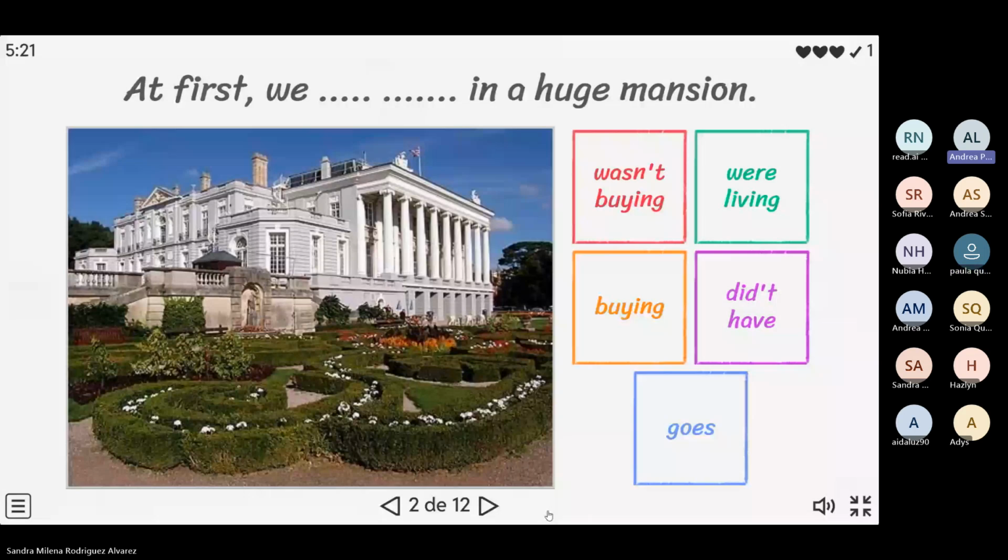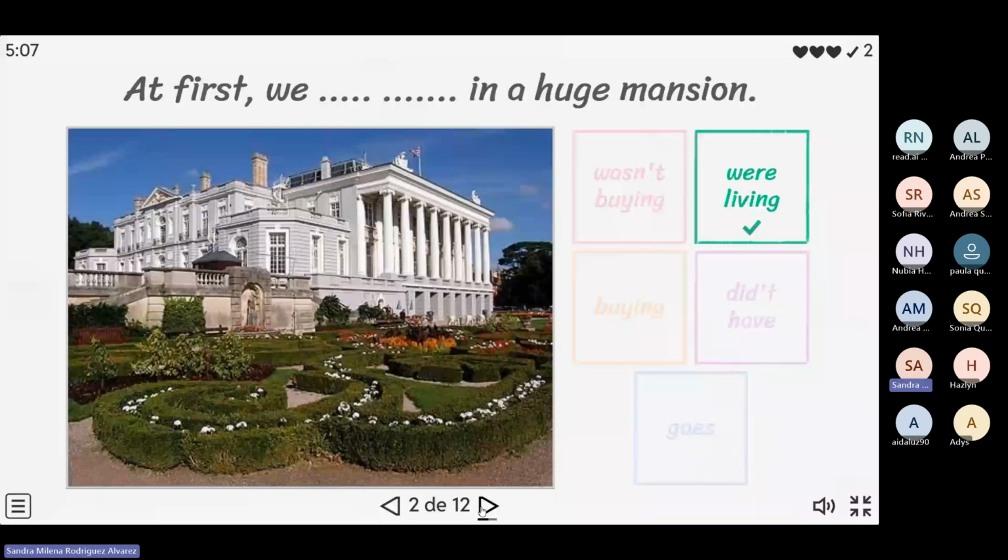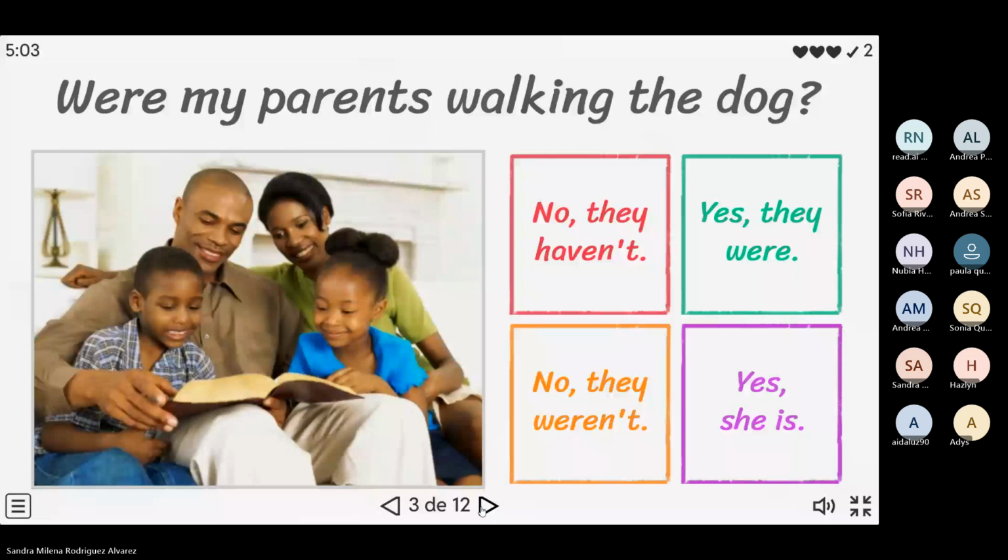Very good. Were my parents walking the dog? Yes, they were. No, they weren't. Very good.